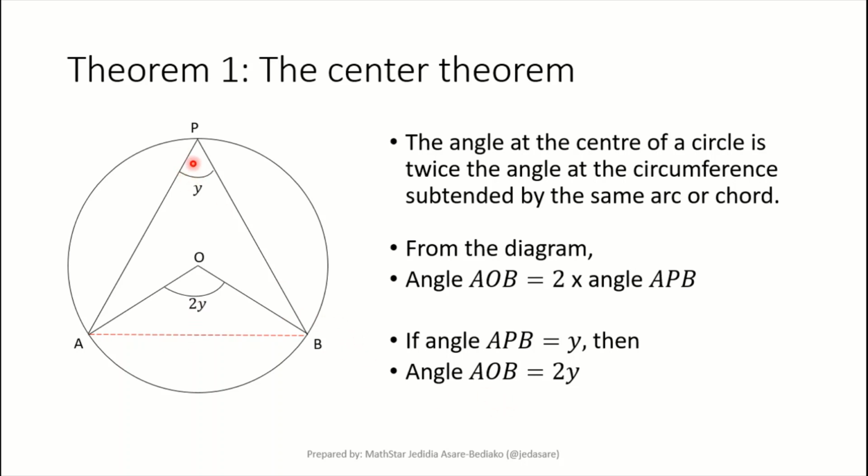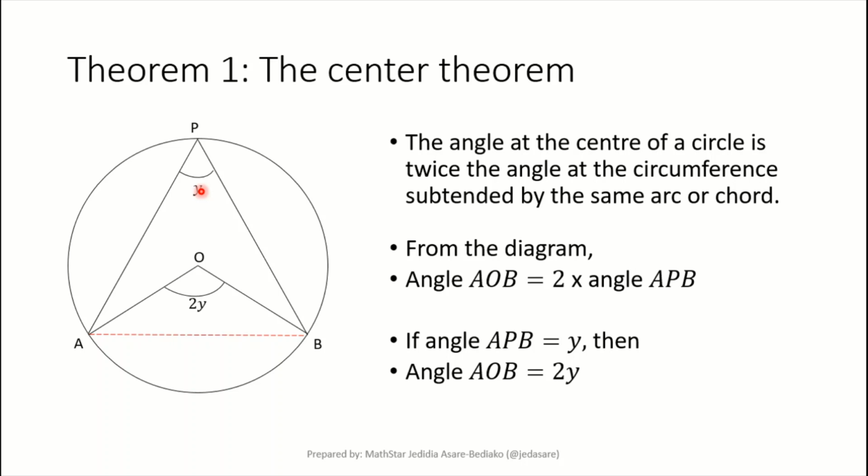If the angle at the circumference is y, then the angle at the center is 2y. And vice versa: if the angle at the center is 2y, then the angle at the circumference is y. So 2 times the circumference angle will give you the center angle, and the center angle divided by 2 will give you the circumference angle. That is the first theorem we want to look at today.